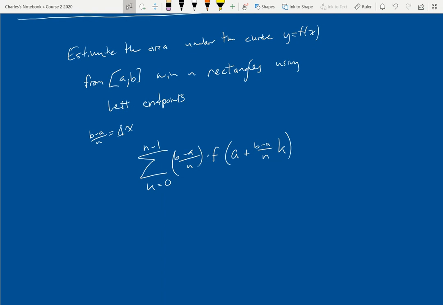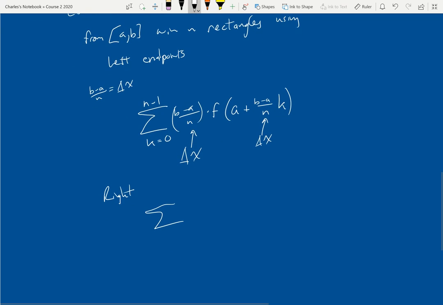And I know there's a lot in that formula. It's very abstract, but keep in mind that if I think of just this part as the width of the rectangle, delta x, it gets a little bit more legible. And then if you think of what happens if I switch to right, well, not much changes.